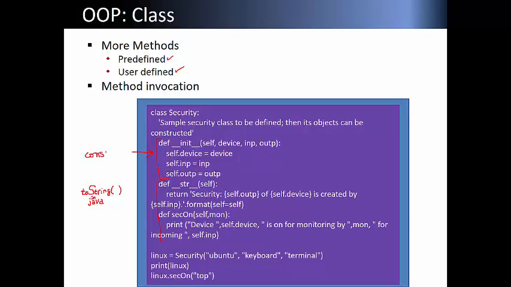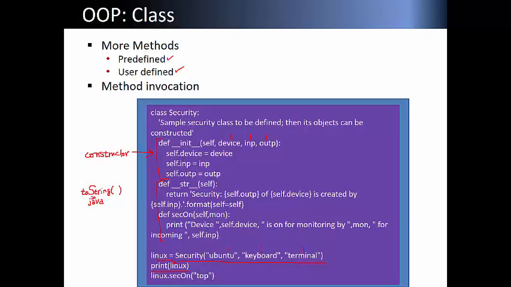So we can write up to 4 strings or something. Right. Because it is a constructor, we can construct in this way, by sending 3 parameters as it awaits 3 parameters. And then when you say print Linux, I simply say print the object.